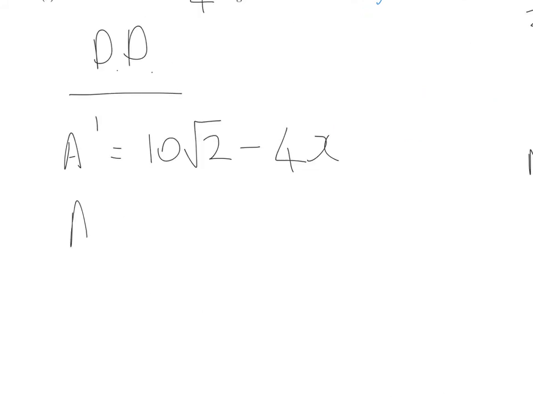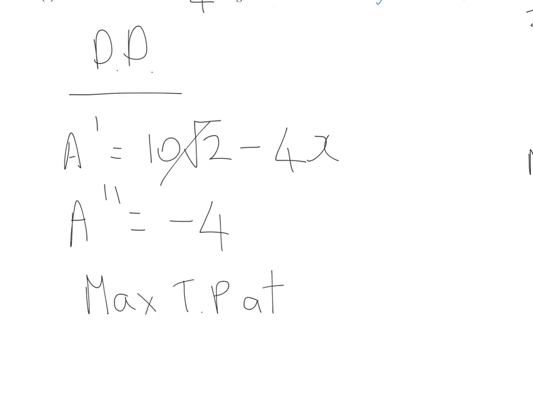So for the double derivative, differentiate the function again, the constant will go, minus 4x will be minus 4, so we can see that there's no x value to sub in, but we've got a negative result as expected, so max turning point at 5 root 2 over 2, since a double dash, i.e. the double derivative, is less than 0.